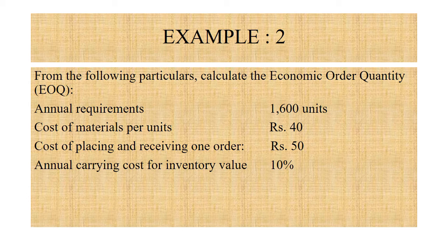The inventory value is the cost of materials per unit, rupees 40, and we have to multiply that with the percentage given. Together, that gives the carrying cost per unit, the annual carrying cost per unit.